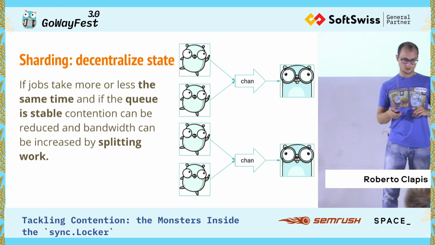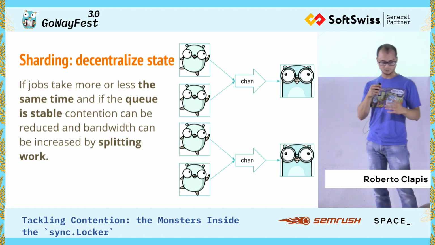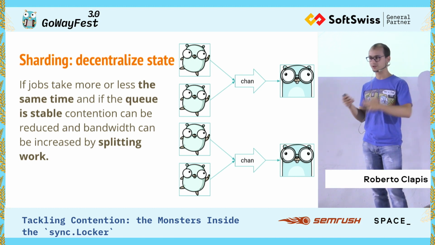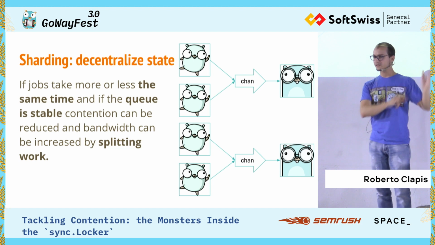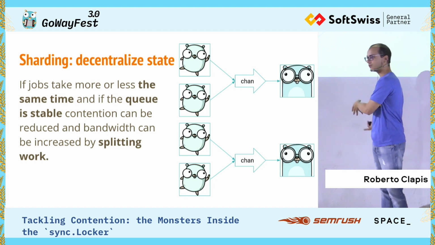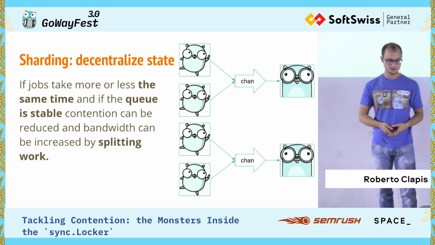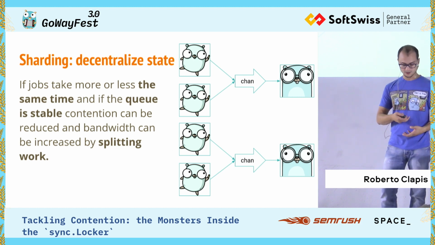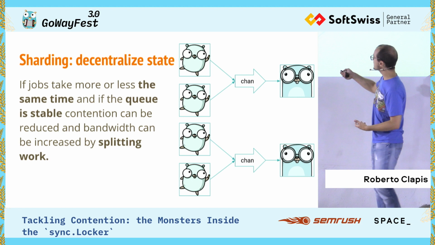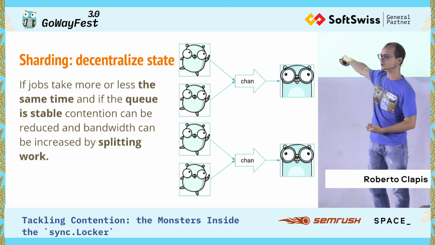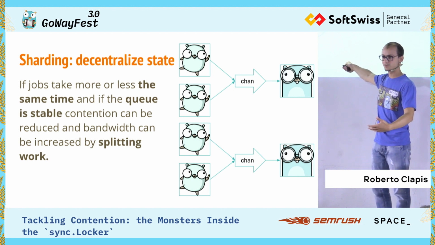This is usually common when you have a stable queue. So all the items that go in actually go out. You don't spend time pressuring, so the channel is never full, actually. And you can split the work because it's never going to happen that this one, for example, is going to take a lot more time.